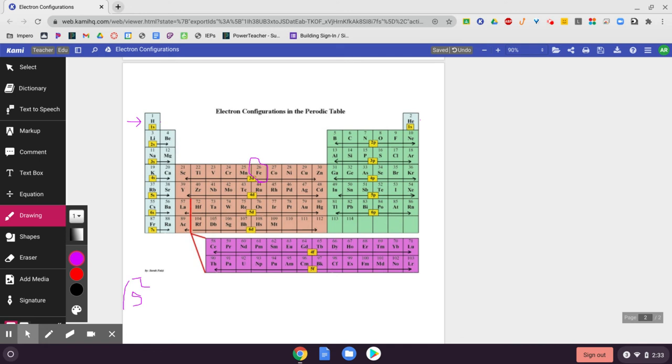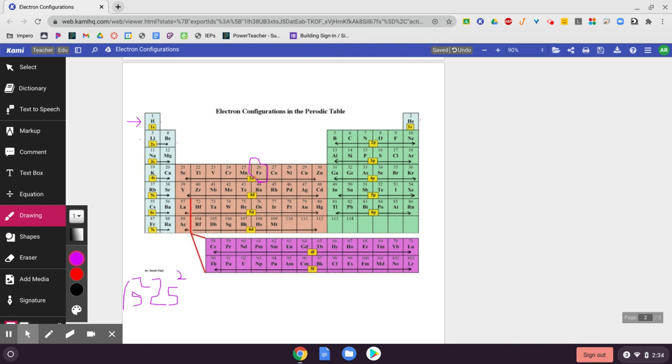Now that I've completed that row, I move on to row 2. I'm going to go through the s block of row 2, so I'm going to put 2 more electrons into that s orbital.